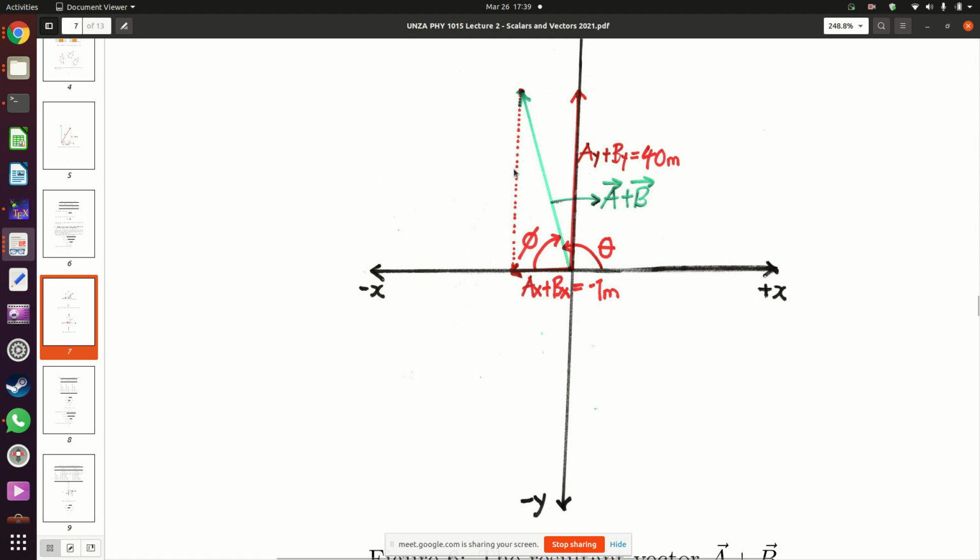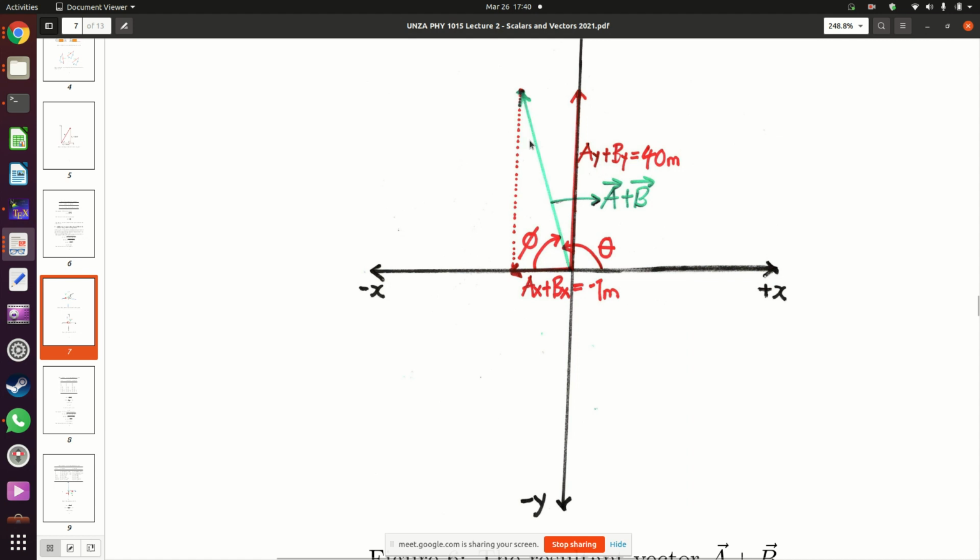So this dotted line here is the y component of a plus b, and this line at the bottom is the x component of a plus b, which is -1, and the other one there is 40 meters, which is a plus b along the y-axis, and this green line is the vector a plus b. Is that clear? Yes, sir, it's clear.